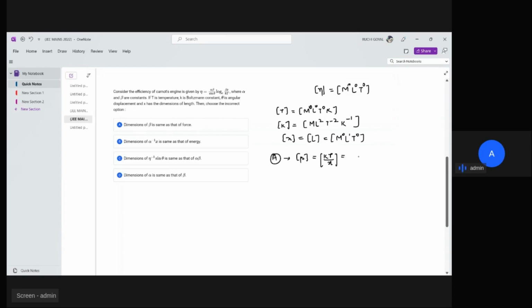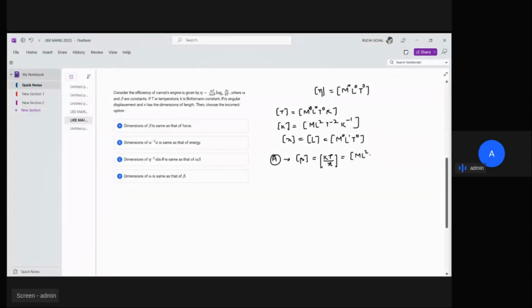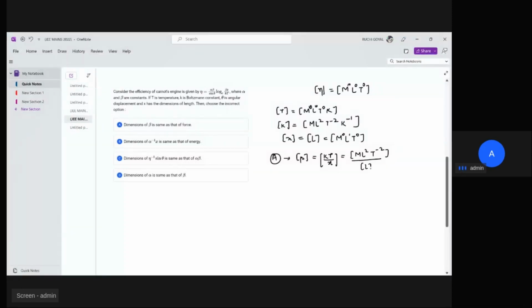Boltzmann constant into T, so we can calculate k into T: M L^2 T^-2, K^-1 plus 1 will be 0, and L. So it will be M L T^-2. So this is the force dimension, right? That means this is correct.